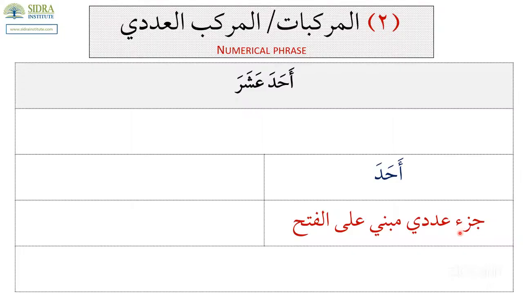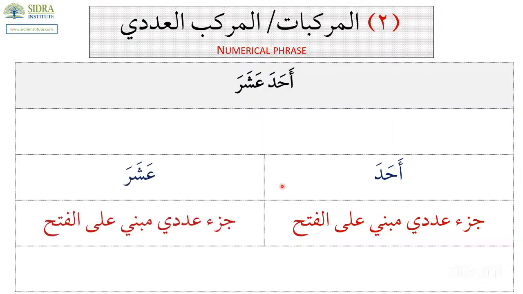We'll just say the first part is juz'un adadiyun, it's a numerical part which is mabniyun al-fath, ahada. And that goes with the second one as well, juz'un adadiyun, it's a numerical word which is mabniyun al-fath. So ahada ashara. From 11 till 19, both words will be mabniyun al-fath.